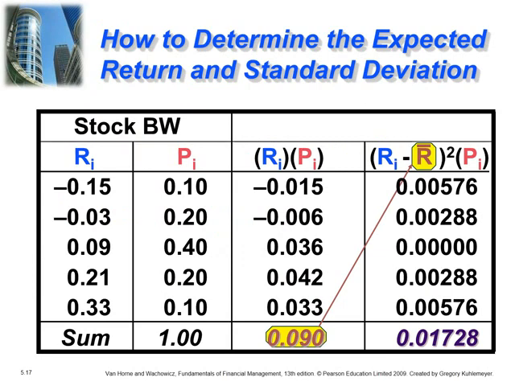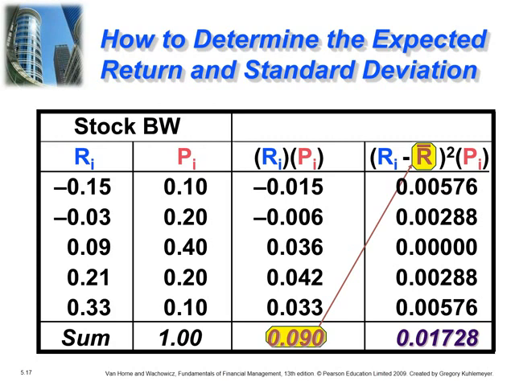This example is related to the previous example when we calculated the R bar. For stock BW, I have different possibilities of different returns occurring, and the related probabilities. I calculated the R bar by multiplying each possible return by the related probability. For example, negative 0.15 by 0.1 equals negative 0.015.